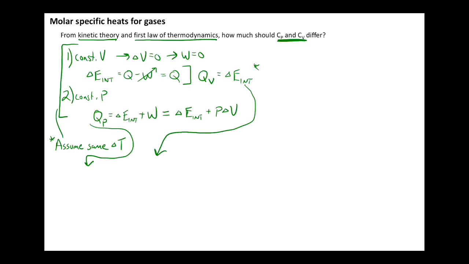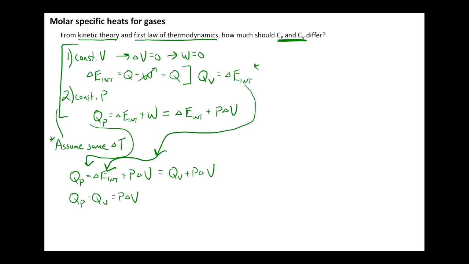So we can say that QP equals delta E internal plus P delta V. And we're going to take this and put it in right here. So now we have QV plus P delta V. And then I'm going to bring that QV to the other side. QP minus QV equals P delta V.